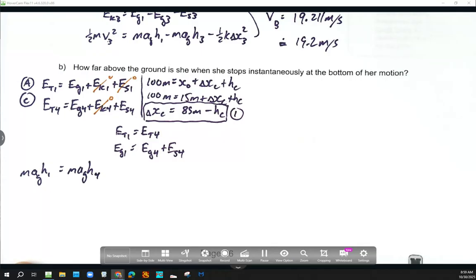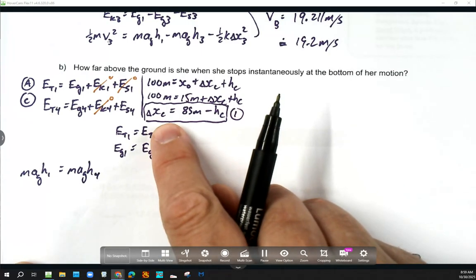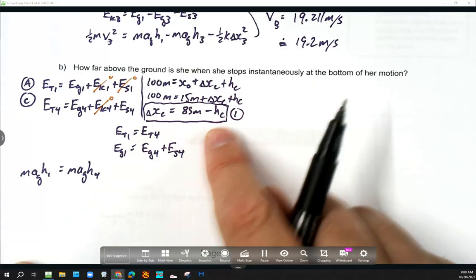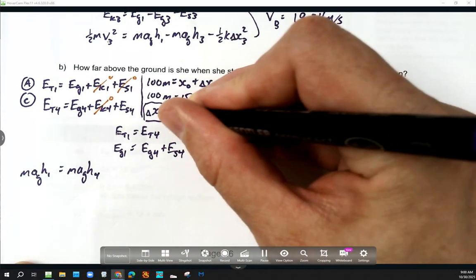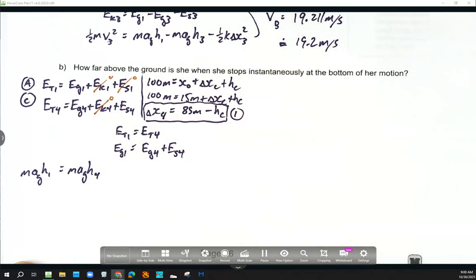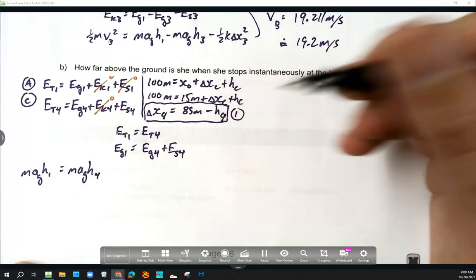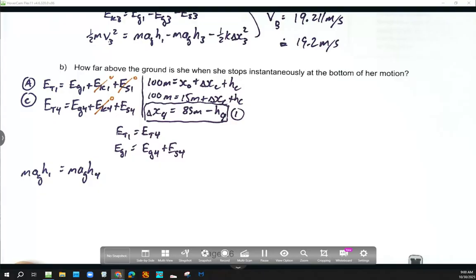Hey, you know what I should do? I know I called it delta XC and HC. Because I'm using indices of 1s and 4s here, are you guys okay if I turn that C into a 4? We'll turn this C over here into a 4, because that'll keep all of our indices matched. Okay? Same idea.